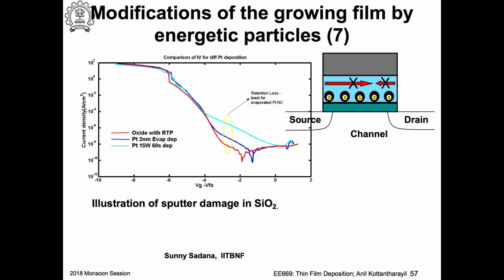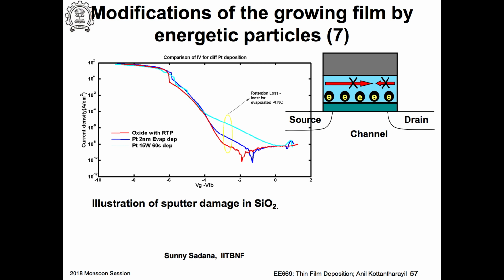If you look at these numbers, this is almost 4 orders of magnitude increase in the leakage current at low voltages. So this would be the operating regime of this transistor. You are not going to go to a higher voltage range except for programming. So this would be the normal operating condition.